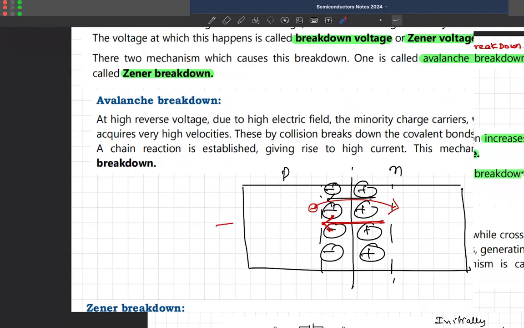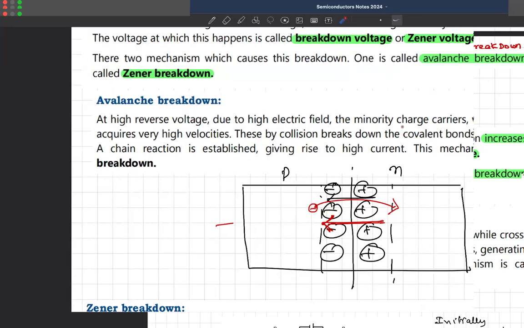A high reverse voltage you are applying leads to a strong electric field near the depletion region. This strong electric field, in some books I have noticed, tears off the covalent bonds near the depletion region.